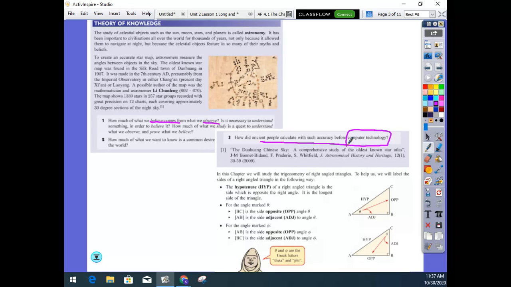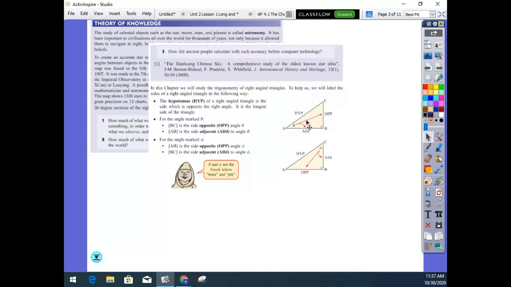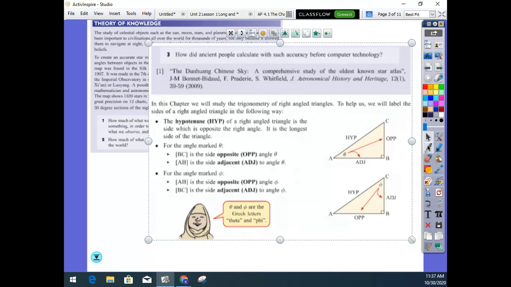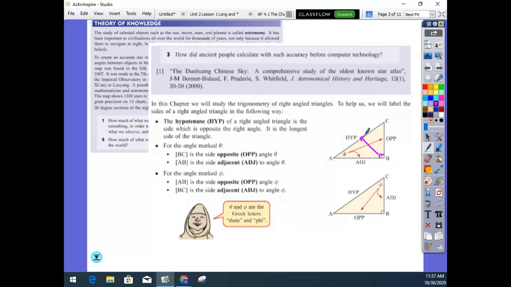Okay, the big thing we're going to be talking about here: in a right triangle, the side across from the right angle is the hypotenuse. Here's the most important thing that people fail to do.